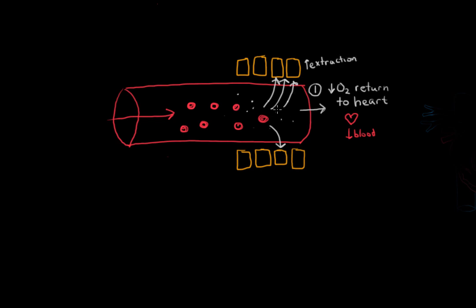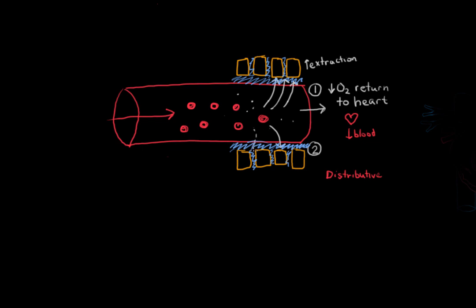Now second, let's take another look. What if these cells are still desperate for oxygen, but oxygen has a difficult time getting to these cells? This is actually what happens in the type of shock known as distributive shock. Oxygen can't be distributed from the blood vessels to the tissues. For example, in septic shock, when there's a lot of inflammation and swelling outside of the cells, or in anaphylactic shock, when there's swelling as well, there's extra fluid around the cells.